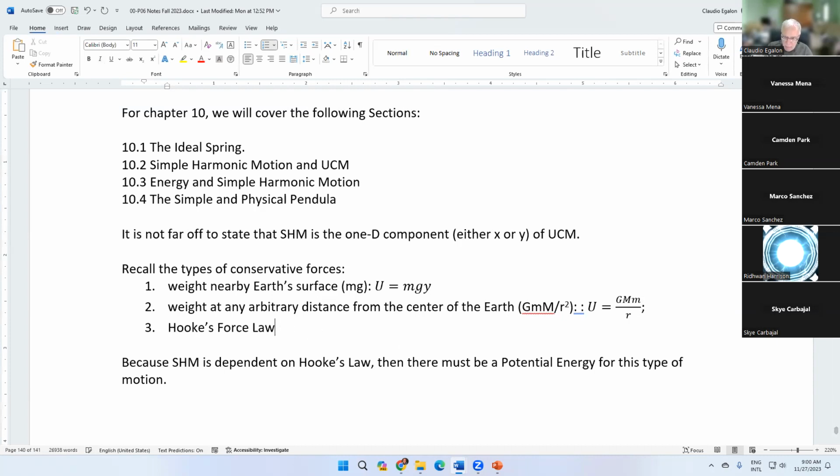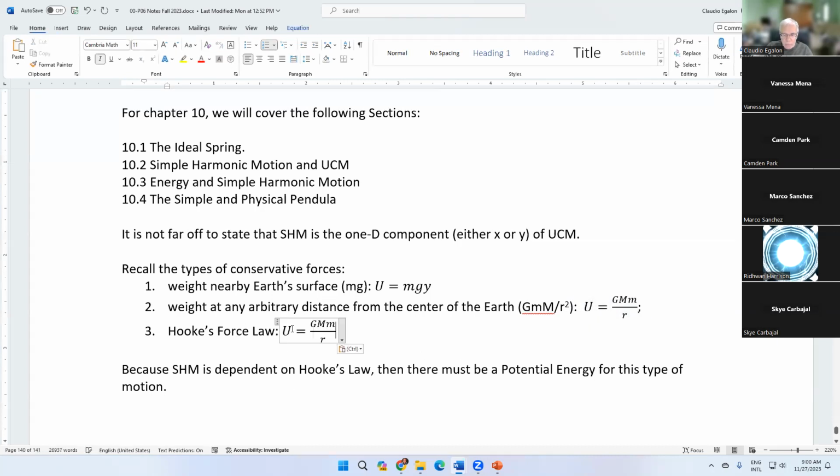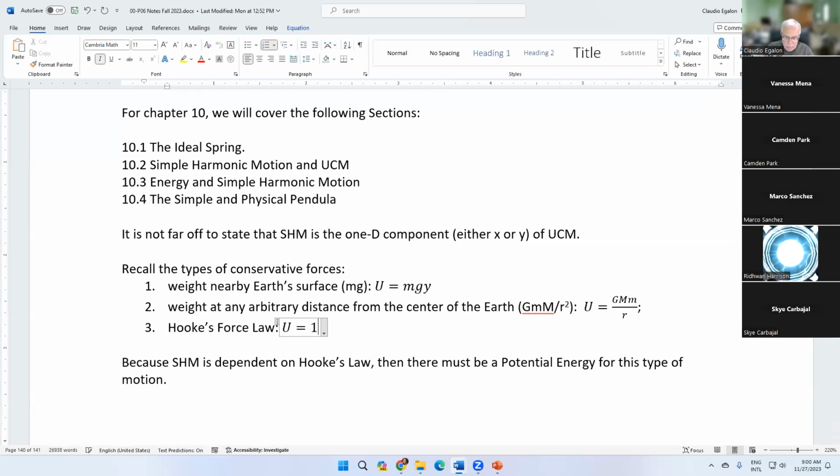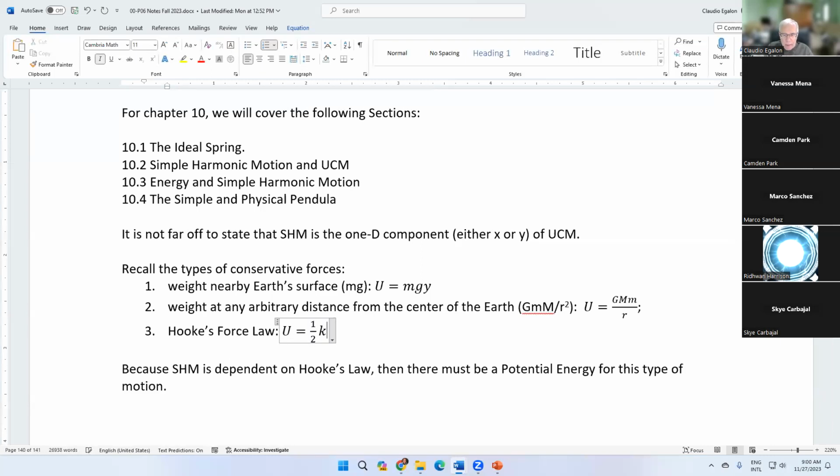The potential energy for Hooke's law, U here is going to be half kx squared.